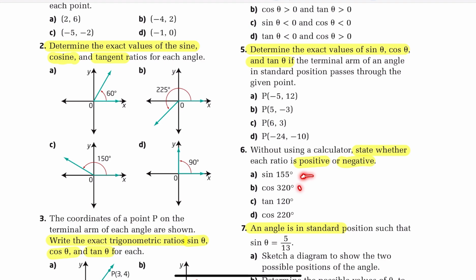For this one, the cos of 320 is positive also. Why? The angle is in quadrant number 4. For 120, the tan of 120 is negative, also because the angle is in quadrant number 2. For 220, the cosine of 220 is negative.